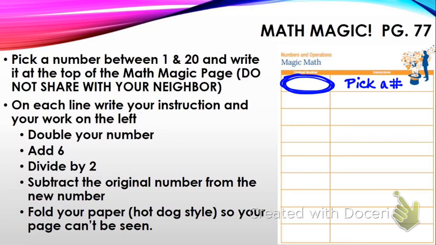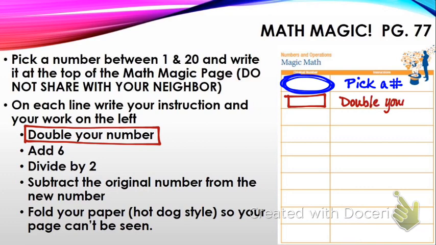So pick a number, any number, put it in that box. Then whatever number you picked, I want you to take it and double it, and you're going to write that here. So whatever number you picked goes in the top box.